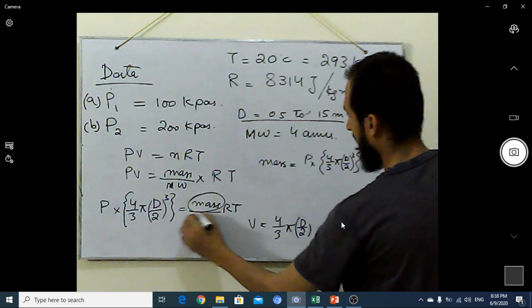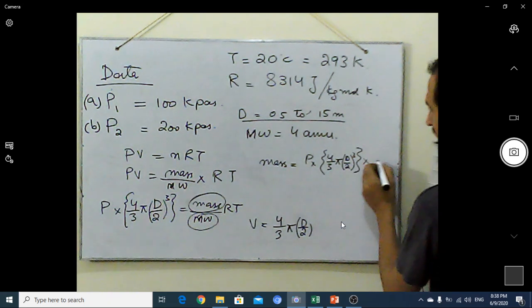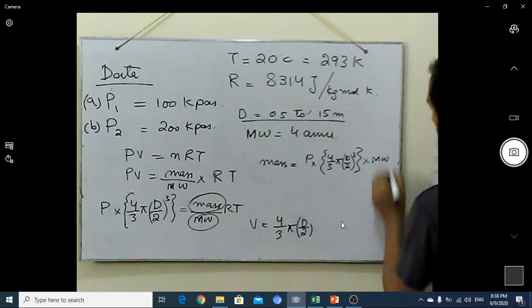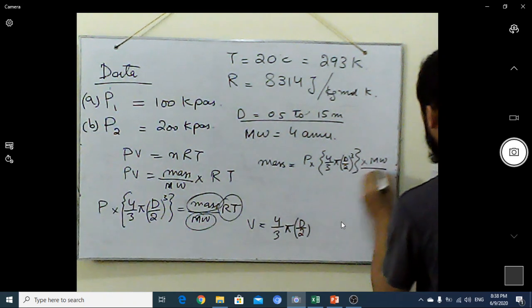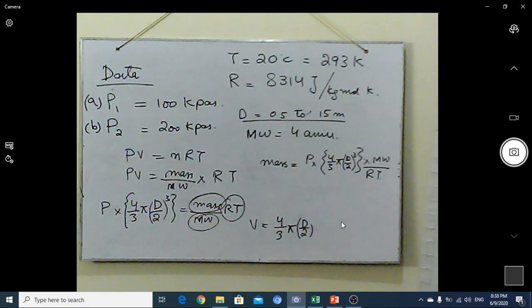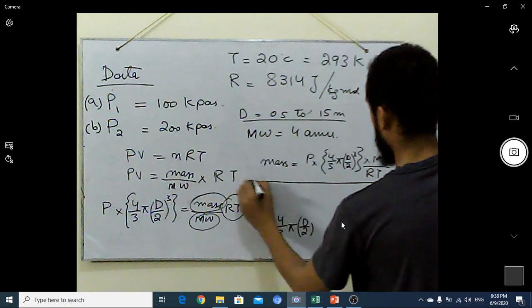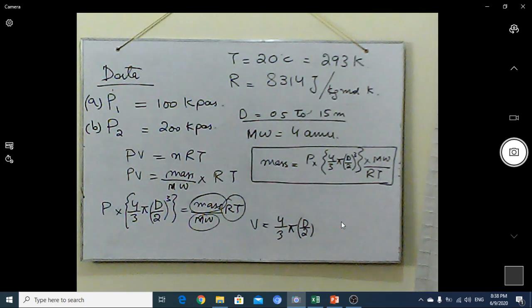The molecular weight goes there and multiplies this whole factor, molecular weight divided by these two values, R and T. So this is the final relation which we will get. After that I will solve it in the Excel sheet.